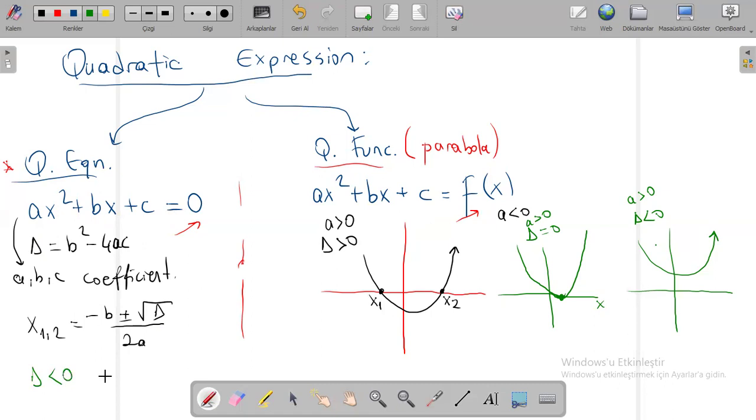So when delta is less than 0, we say it has no real roots, or according to quadratic function, we say the function does not intersect x-axis.